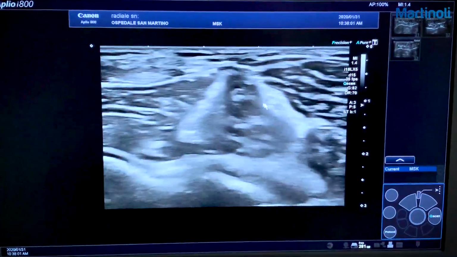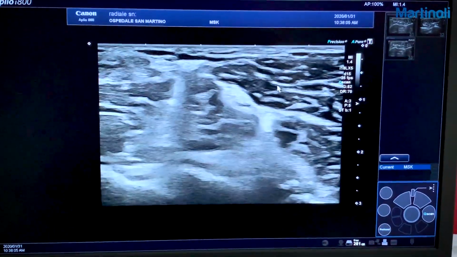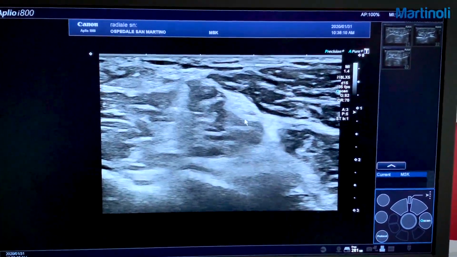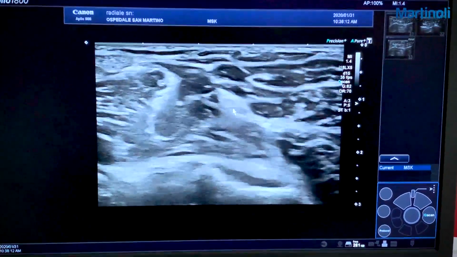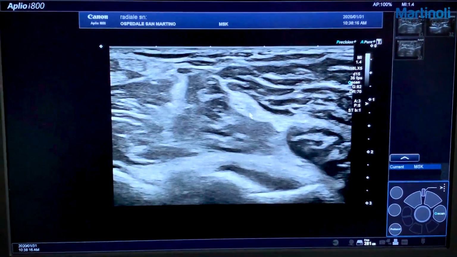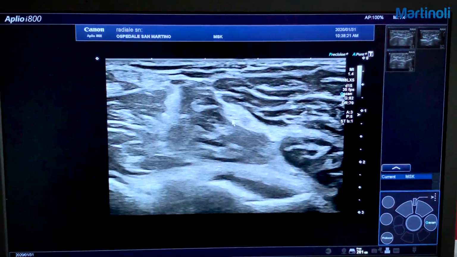When we check the radial nerve, we identify the radial nerve here in between the brachioradialis and the lateral edge of the brachialis muscle, and we see the radial nerve made of two groups of fascicles. The lateral one is the origin of the posterior interosseous, the medial one is the sensory branch.